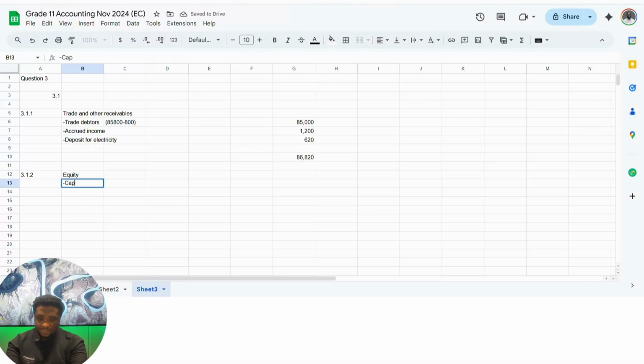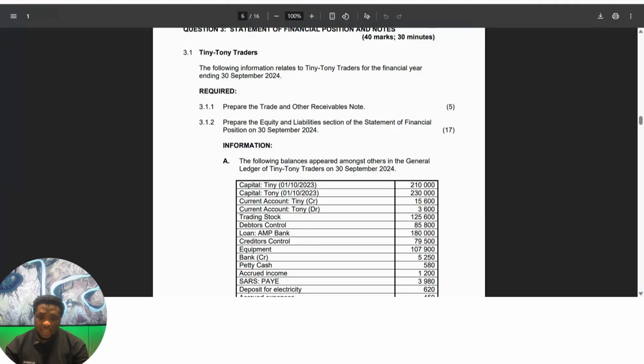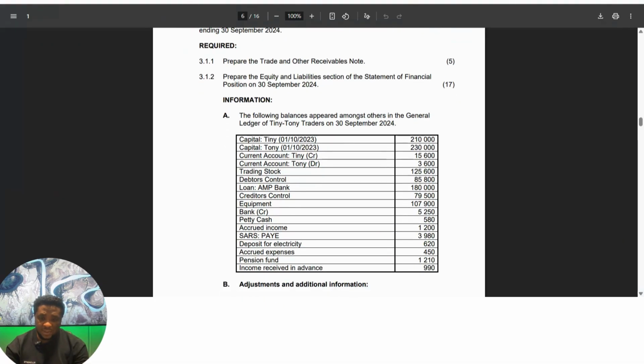So in partnerships, our equity consists of capital and also of current accounts. So let's see if we can get these capital balances, as well as the current account balances of these partners, and also consider the additional information.